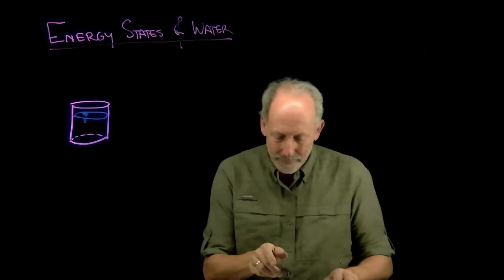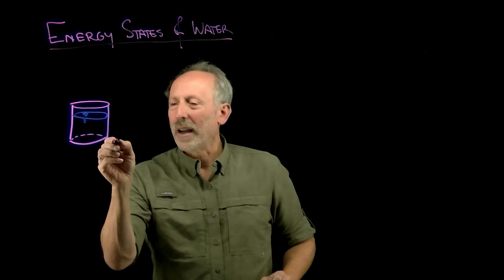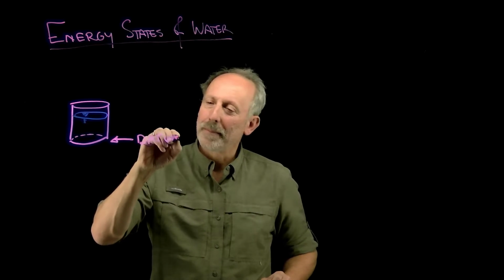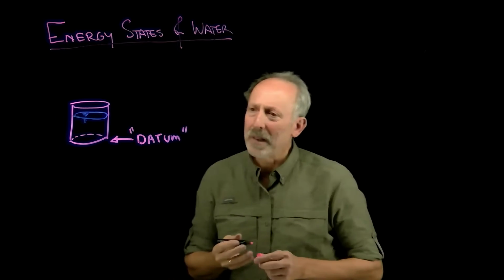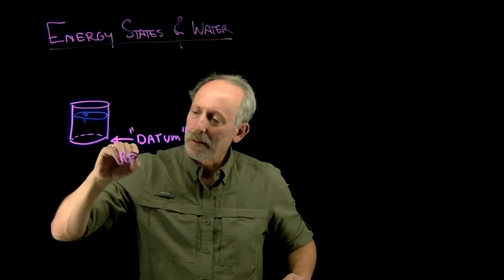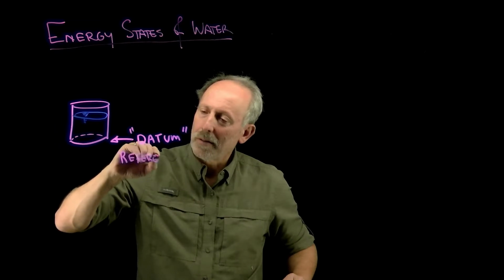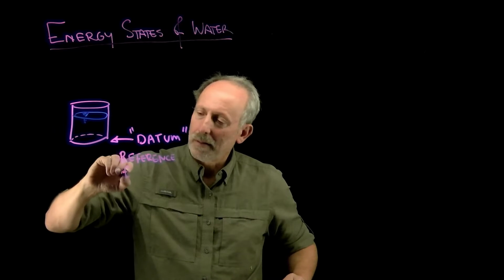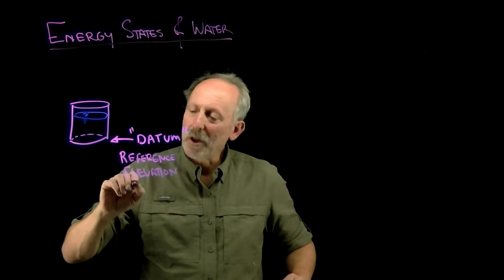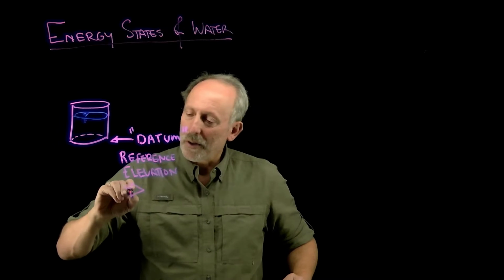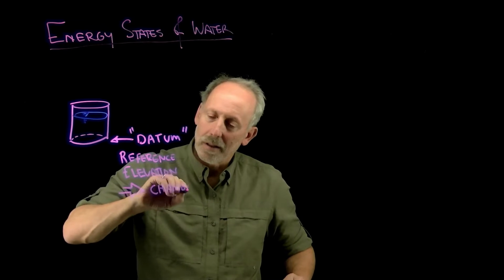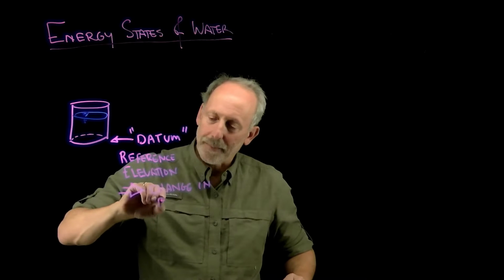And our first job is to identify a datum. What is a datum? A datum is our reference elevation. And we use that reference to identify the change in potential energy.